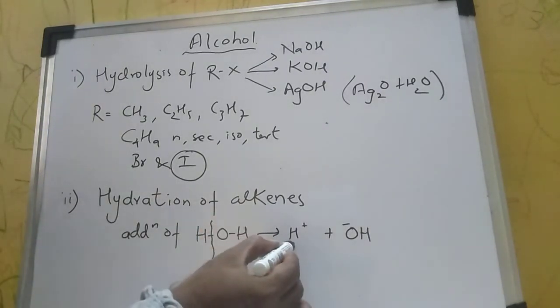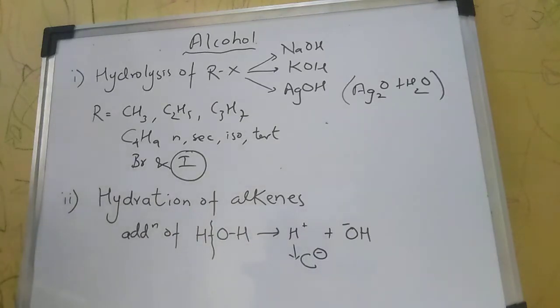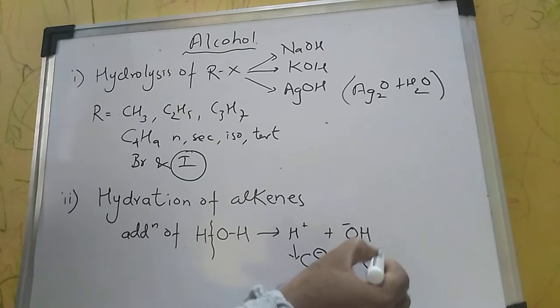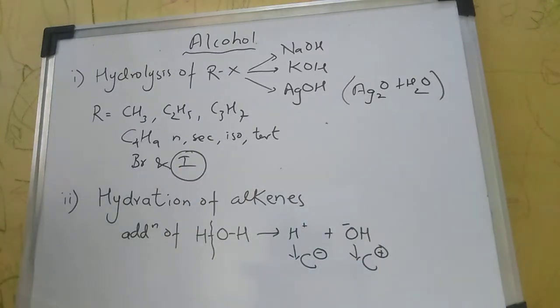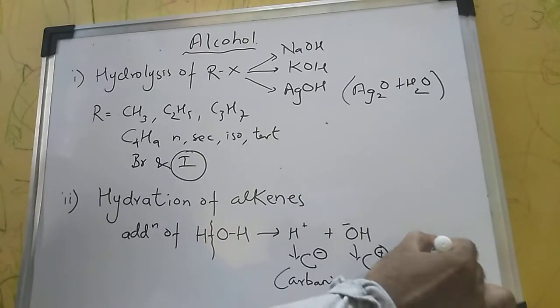So the H plus will go to the carbon carrying negative charge, and the OH will go to the carbon carrying positive charge. Carbon carrying negative charge means this is a carbanion, and carbon carrying positive charge means it's a carbocation.